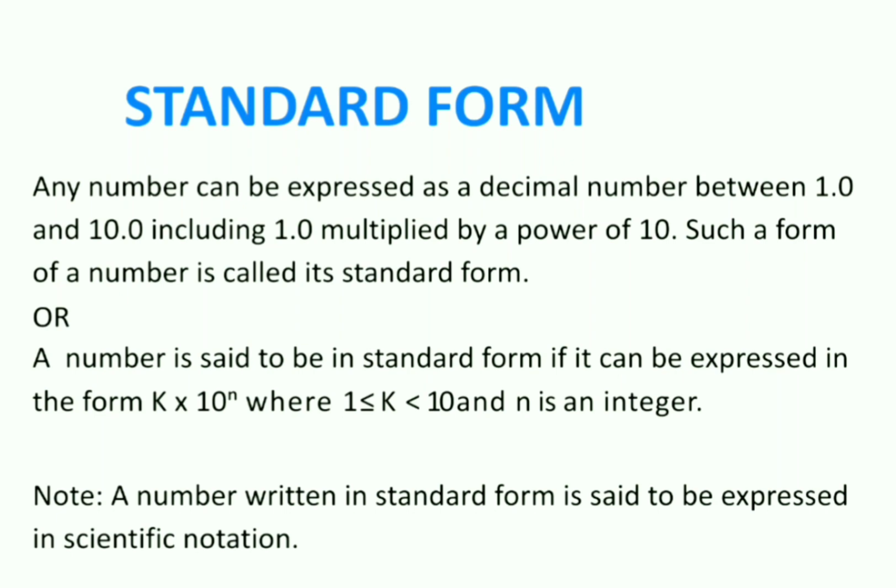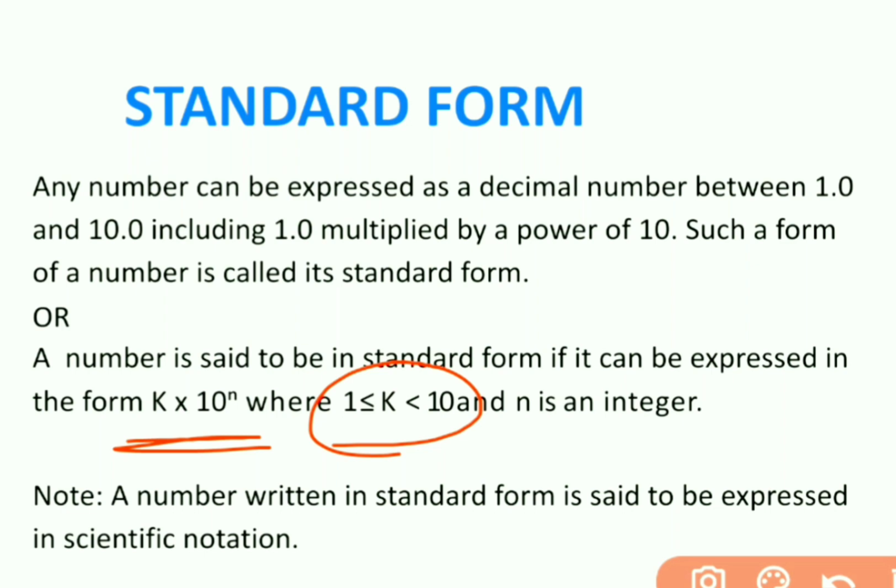Or in other words, a number is said to be in the standard form if it can be expressed in the form k into 10 raised to the power n, where 1 is less than or equal to k is less than 10, means the value of k is always greater than or equal to 1 but it is less than 10, and where n is an integer.